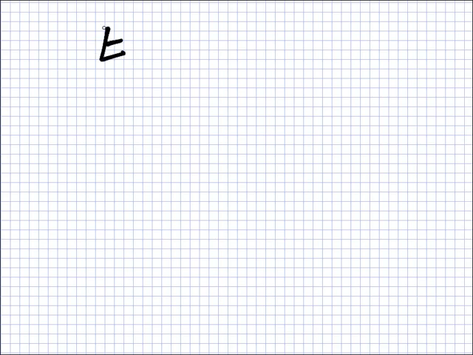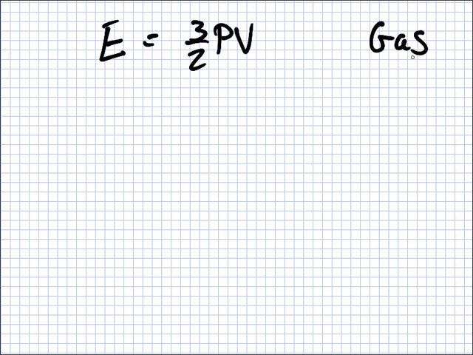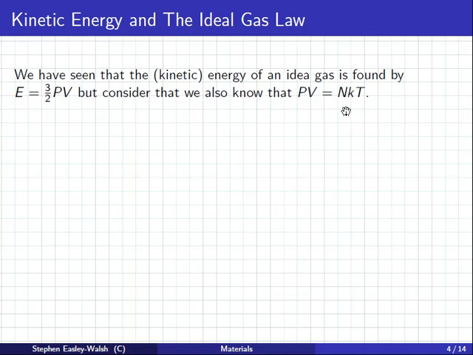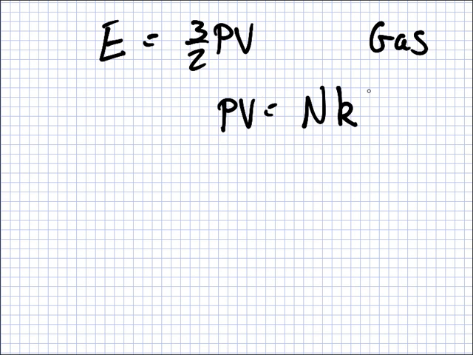We know that energy equals 3 over 2 PV for the gas. Okay? Now this one we said has no potential energy, right? So this is really just kinetic energy. But we also know that PV equals NkT.